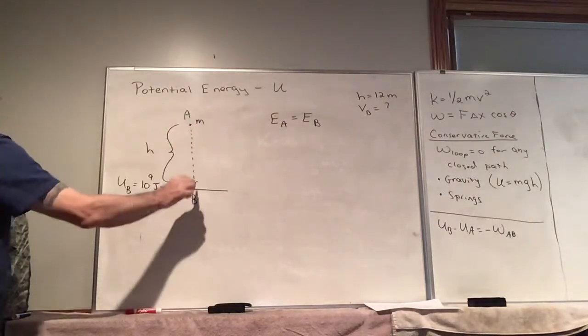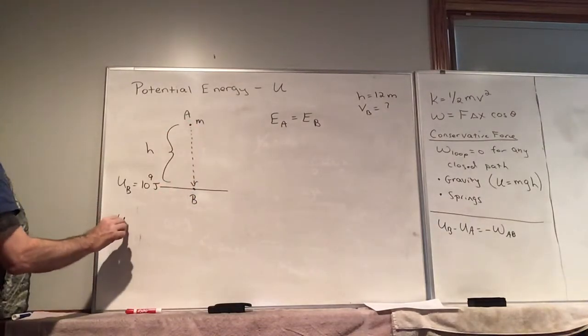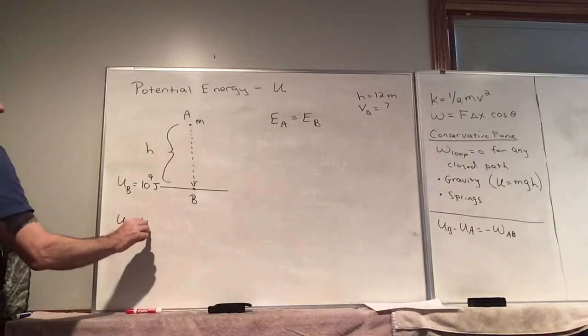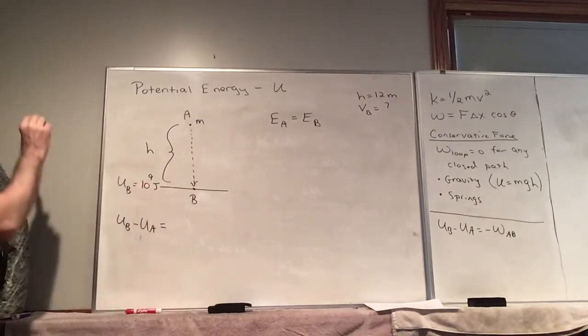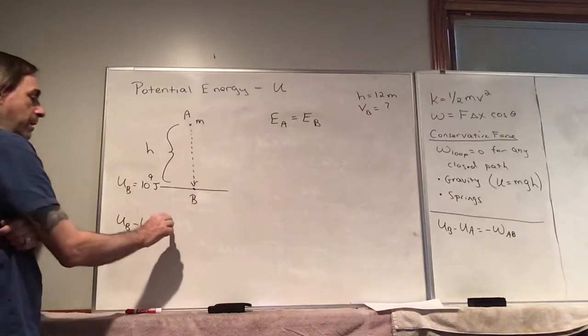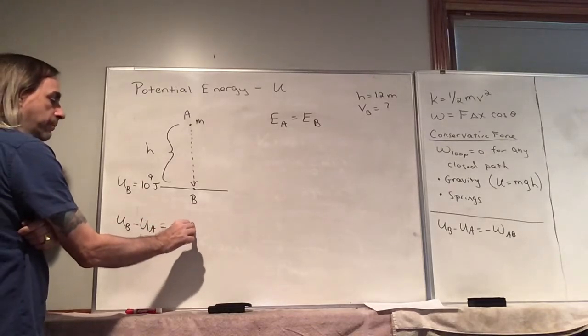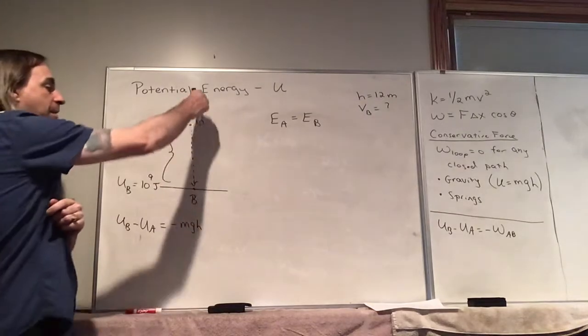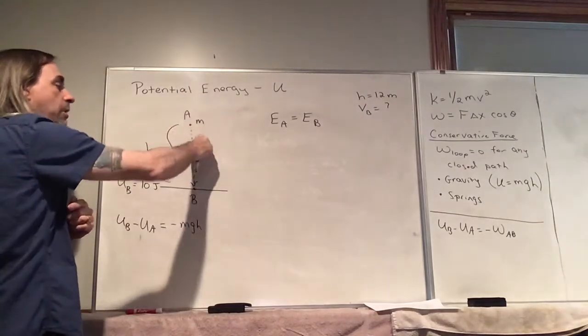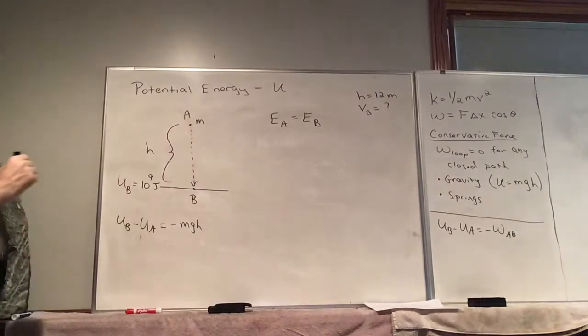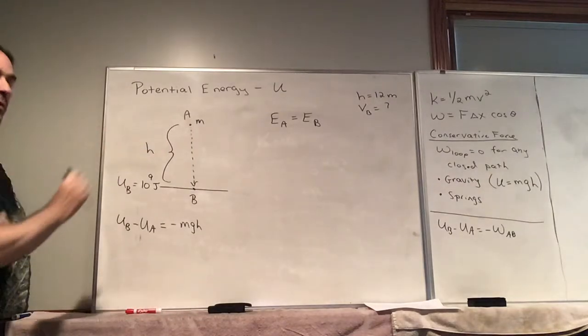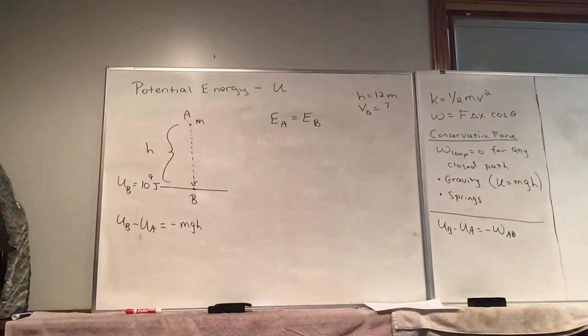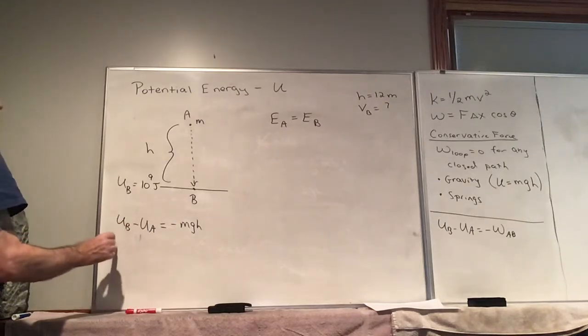We can consider a path from A to B and say UB minus UA equals minus mgh. So just going back to our definition. Its displacement is down, force is down, so the work is positive, but we have a minus sign just from the definition. And so let's solve for UA, the potential at A.